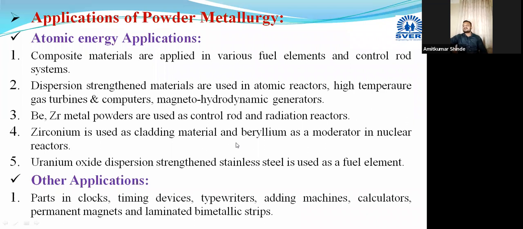Then beryllium can be used as a moderator in a nuclear reactor. This beryllium powder and zirconium powder are manufactured by powder metallurgy only. Then uranium oxide dispersion strengthened stainless steel is one composite material, and this is used as a fuel element.